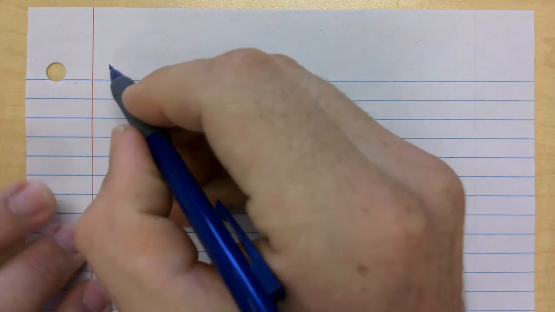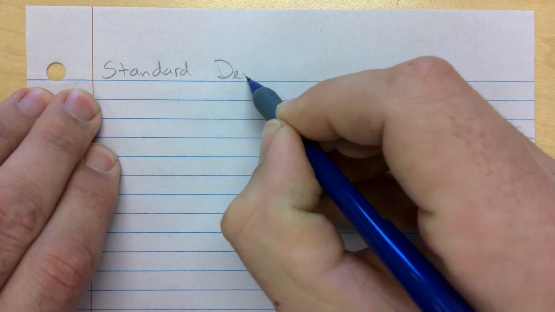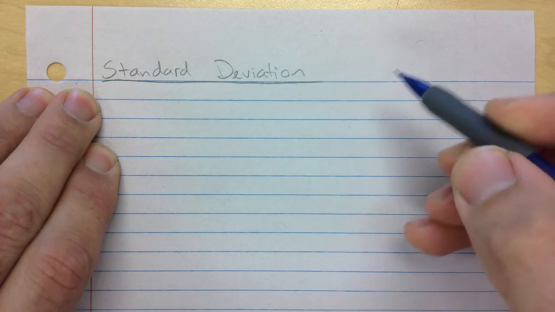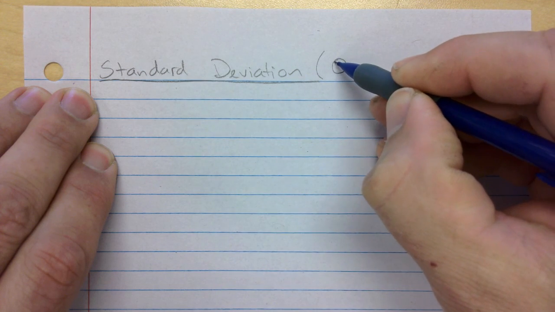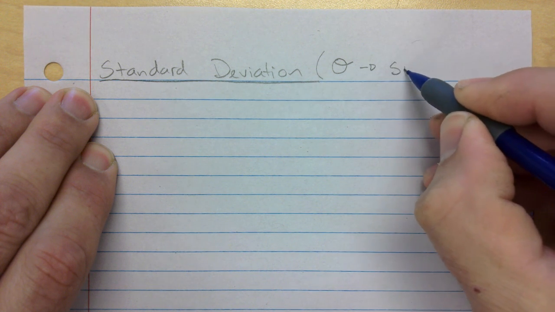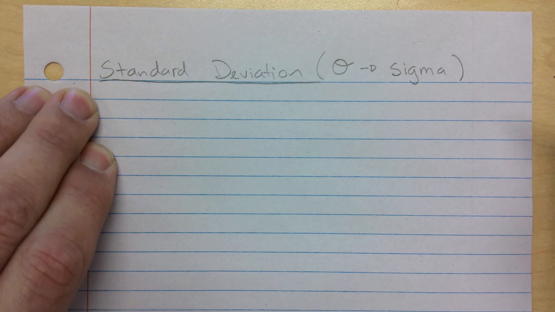So grab your notes, and here we go. Standard deviation. The symbol we use is like a 0 with a little pigtail like that. It stands for sigma. Okay, so that's the symbol we use for it.